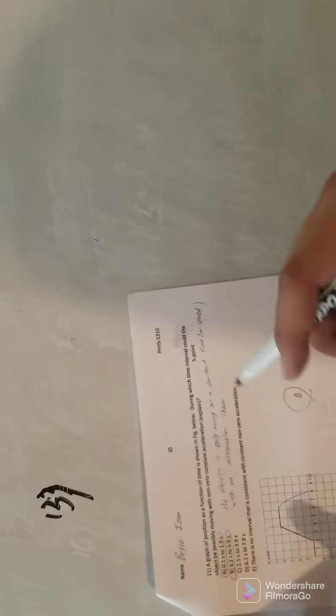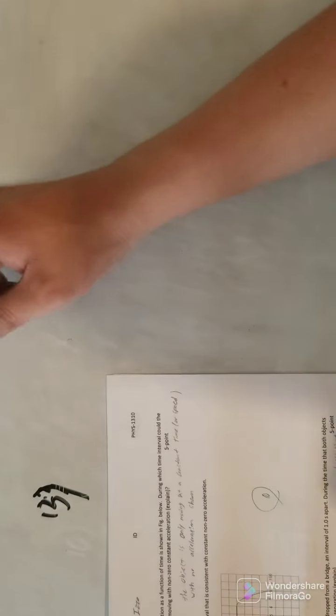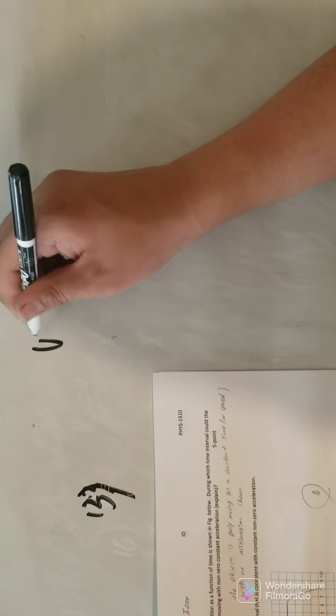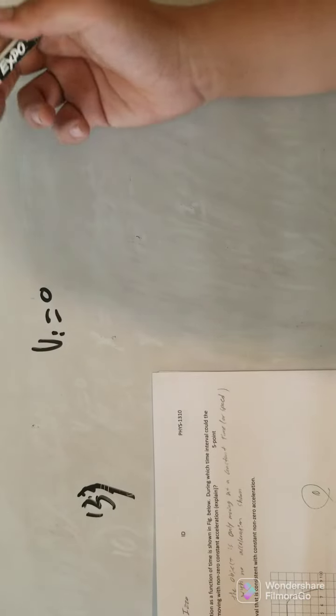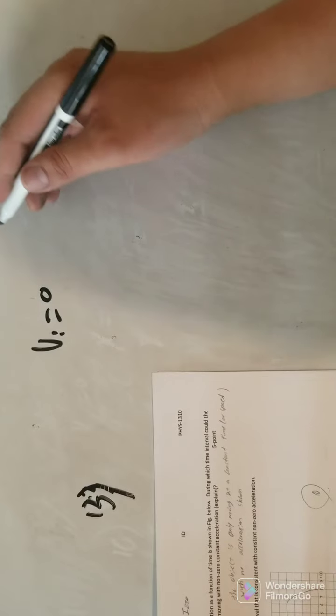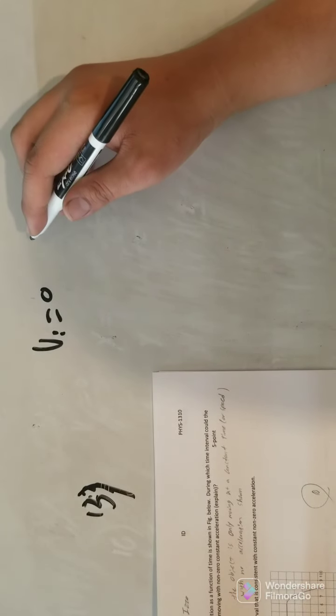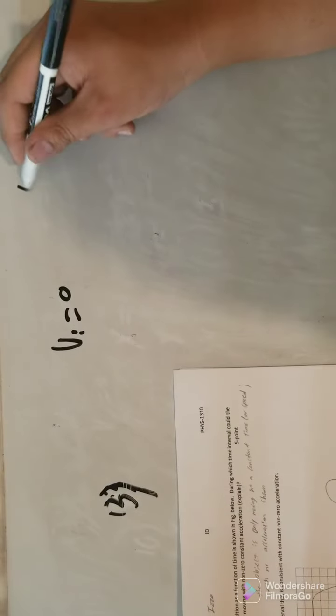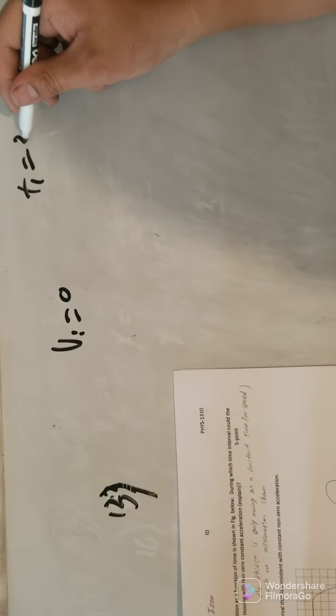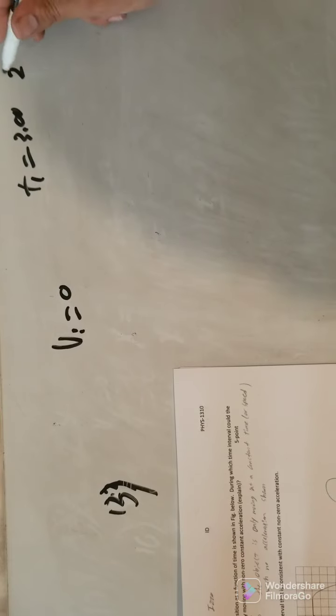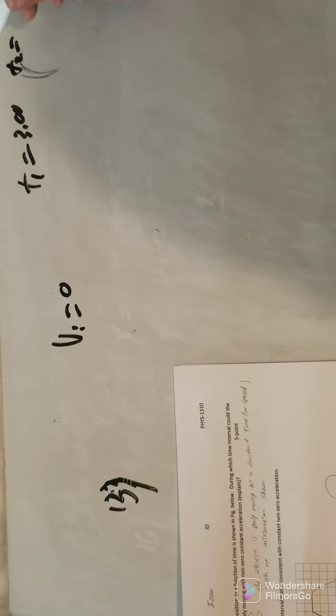Okay, so this is number 13 on my physics exam. I need to find the velocity at which the second rock was thrown. So I'm going to write down our knowns, which is the initial velocity, which is 0 because the first rock was dropped. This is all for the first rock, because we need to find the distance. We got t1 is equal to 3 seconds, t2 is equal to 2.00 seconds, as shown right here.